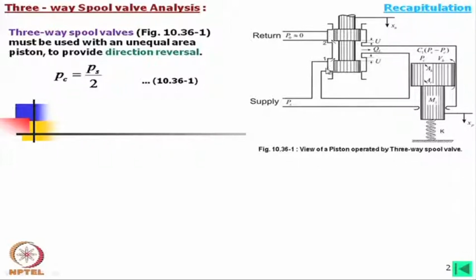This means that while we are opening this side, if we keep it closed, then supply pressure goes to this side and the piston moves in the upward direction. Whereas, if this is opened, then oil goes through this and this orifice is controlled in such a way that part of the oil will go to the control side, in other words the head side of the piston, to control the motion of this piston, and part of the flow will go back to tank.